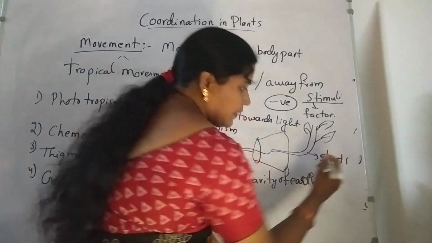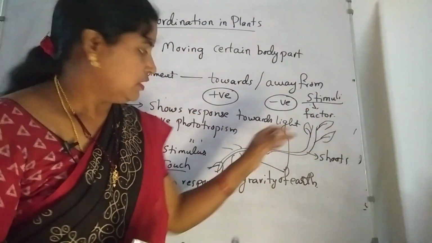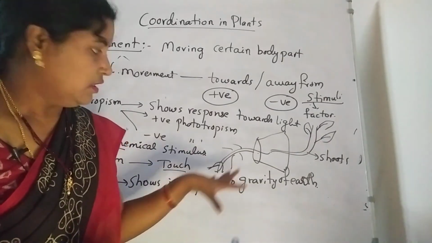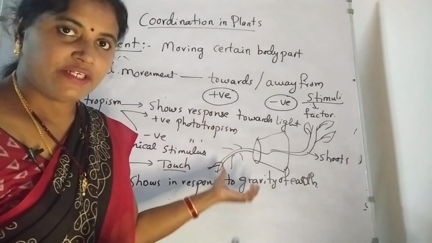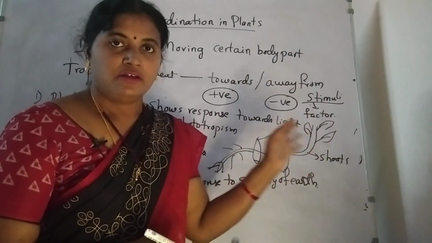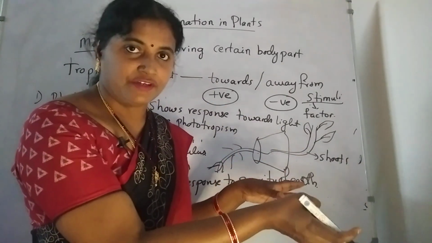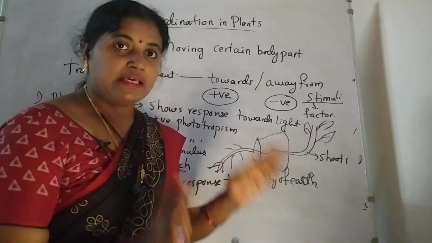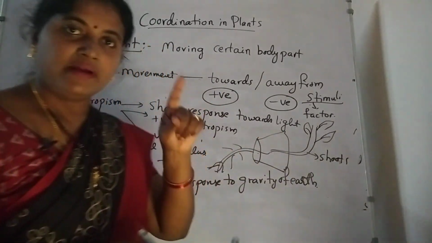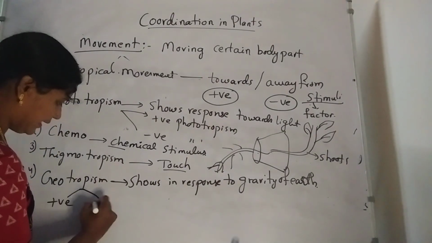Shoots move towards the sunlight and roots move towards gravity. Shoots are moving away from the gravitational force. So here we can see both positive geotropism and negative geotropism at a time.